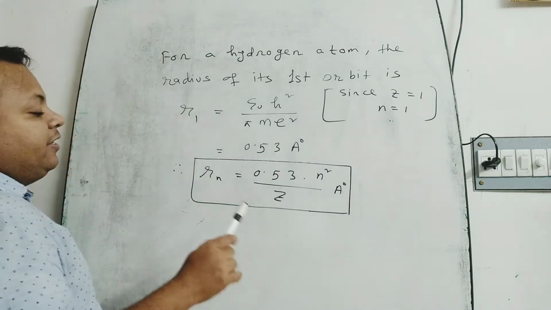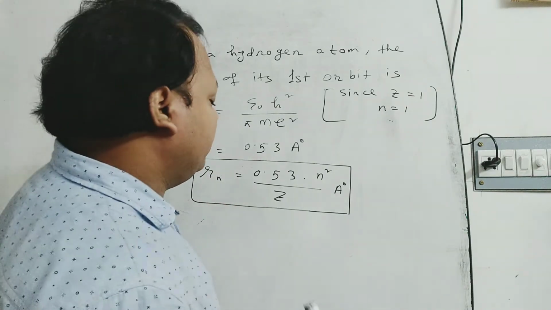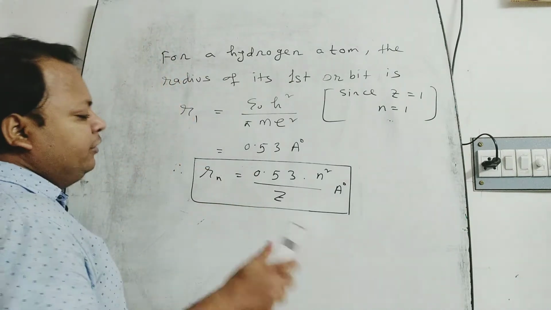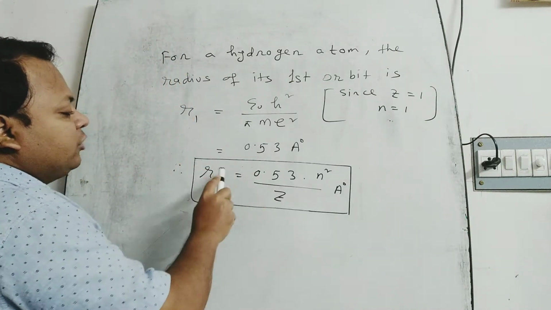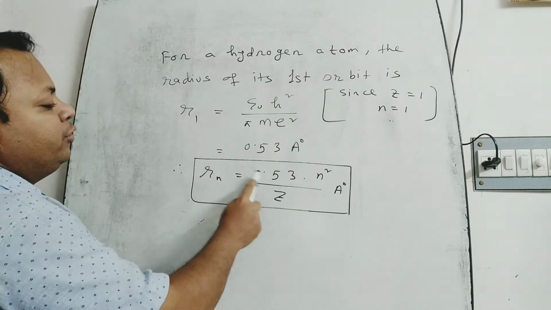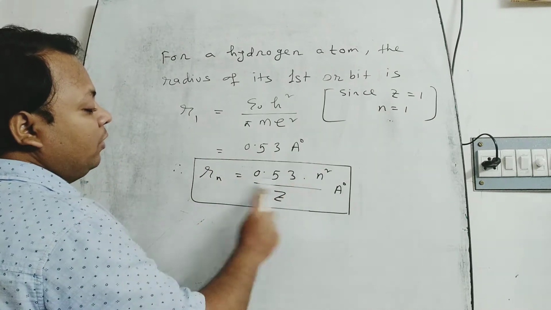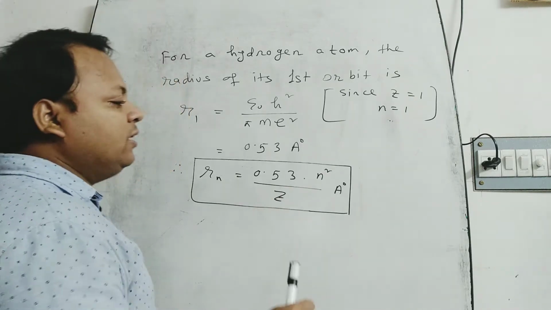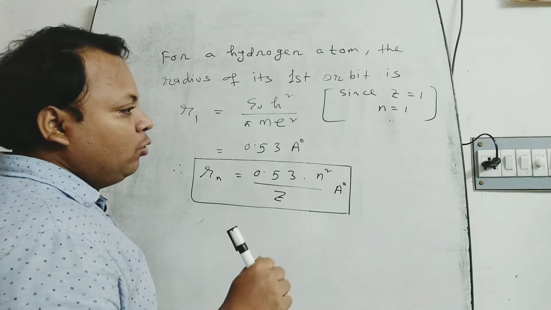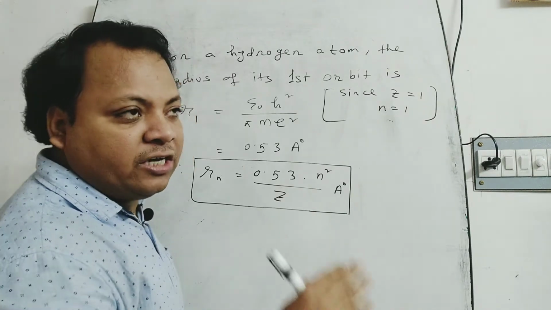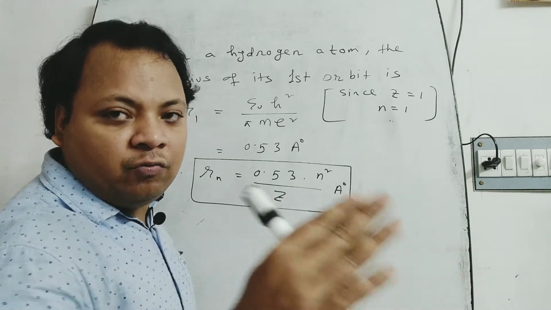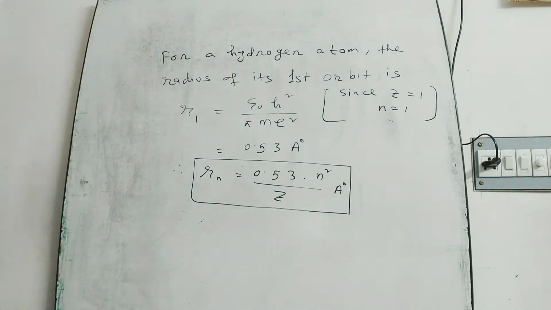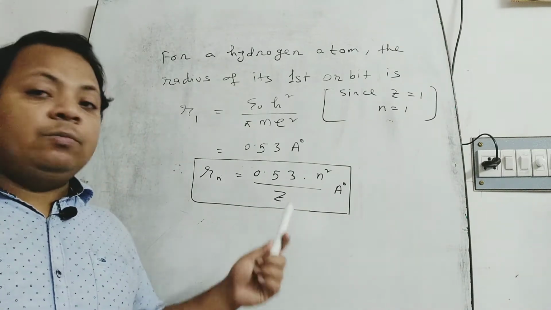Therefore, we can write the radius of the nth orbit of a hydrogen-like atom as r_n is equal to 0.53 into n square by Z, where Z is the proton number inside the nucleus and n is the principal quantum number, which starts from 1, 2, 3, 4, etc. And for a hydrogen atom, Z becomes 1.